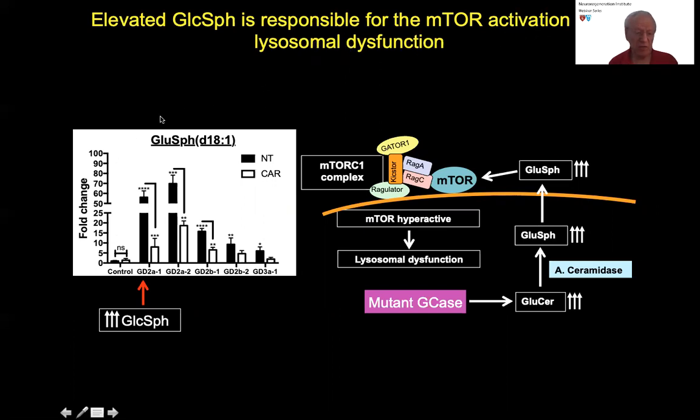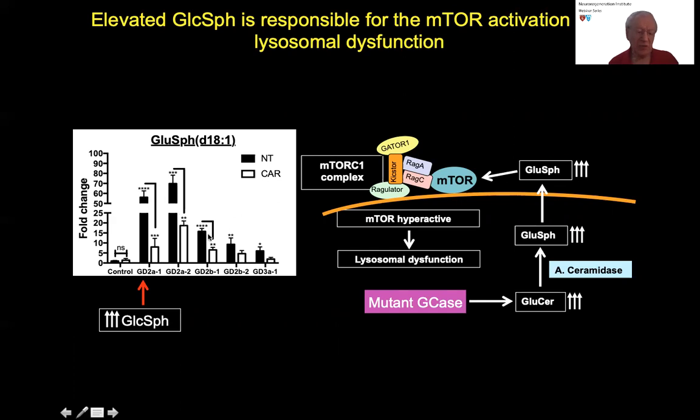So one of the things we did here is mass spectrometry analysis showing that in these two subclones of one GD2 patient, two subclones of another GD2 patient, and a clone of GD3, if you look at the bars, the black bars, there is a very large increase. There is here in this case, a 60, 70-fold increase in the level of glucosylsphingosine.